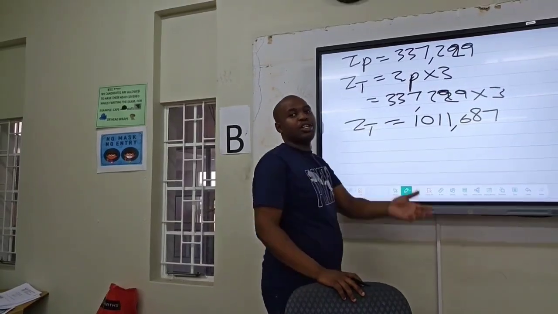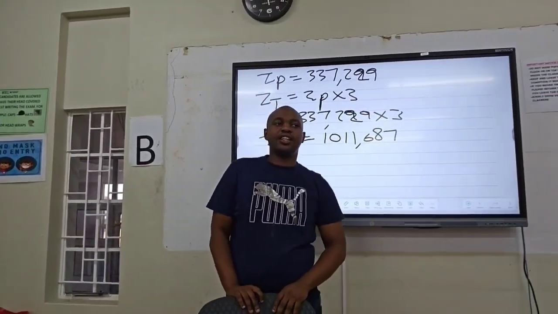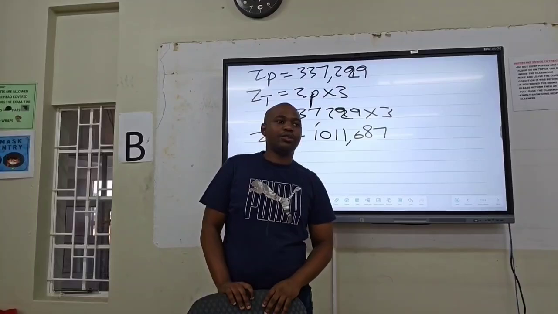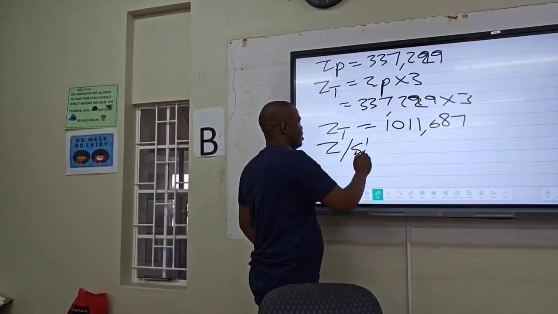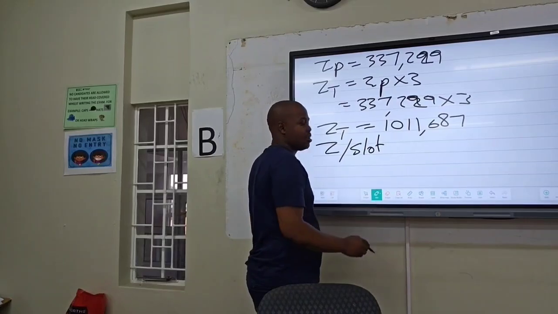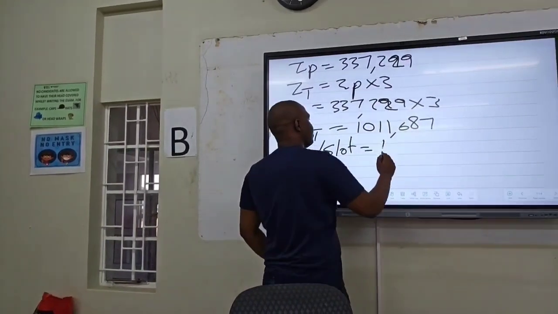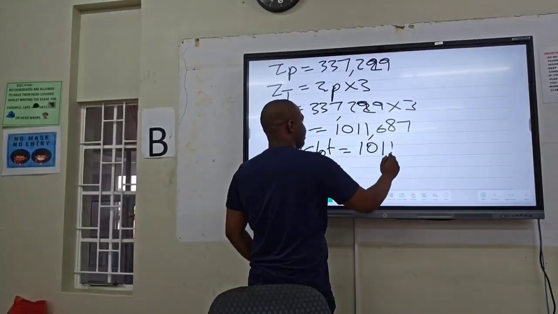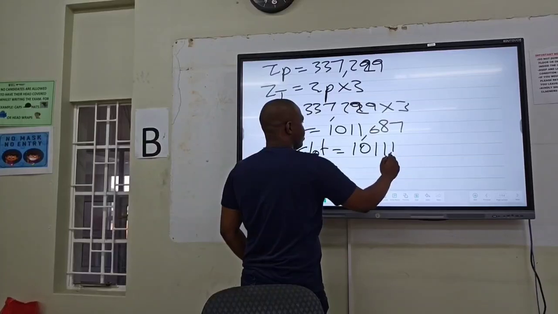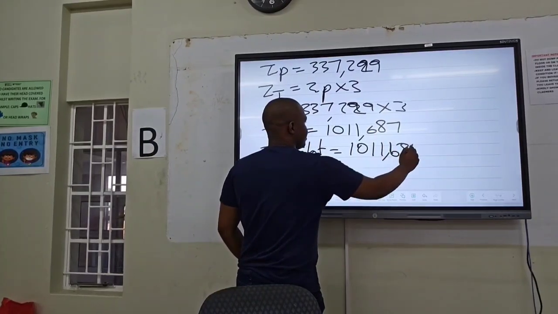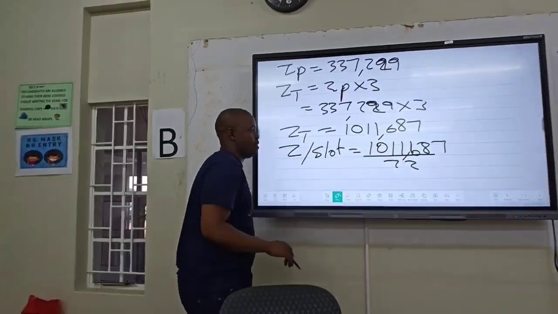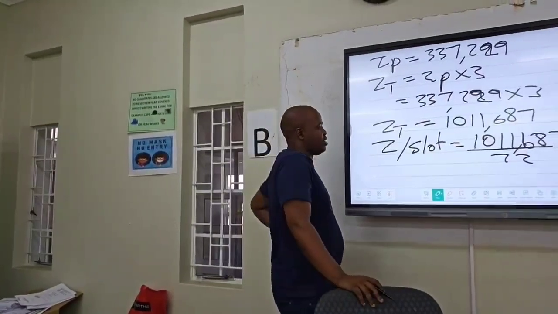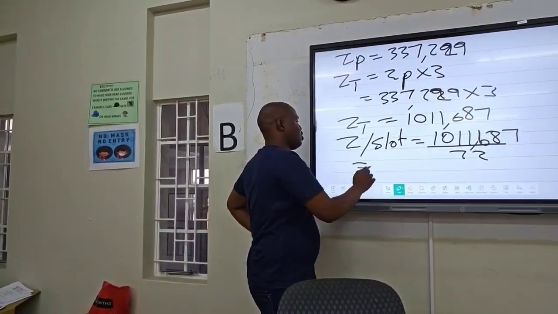Now I have the total number of conductors and the total number of slots. That means I can find the conductors per slot: 687 divided by 72, where the number of slots is 72.